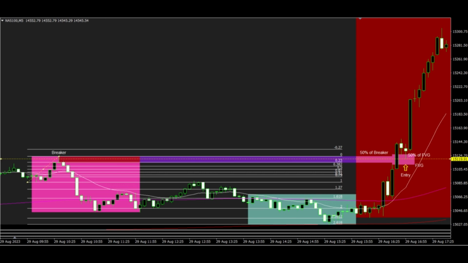But inside of that breaker move, a fair value gap was created. And that is where you will enter at 50% of the fair value gap, which coincidentally is 50% of the breaker. This is what we mean when we say combining ICT concepts. This trade is a high probability trade. And as you can see, price took off to the upside.